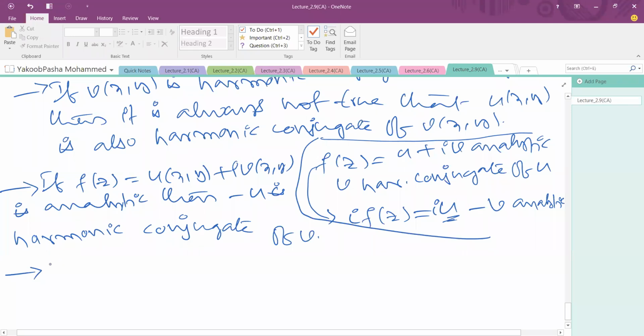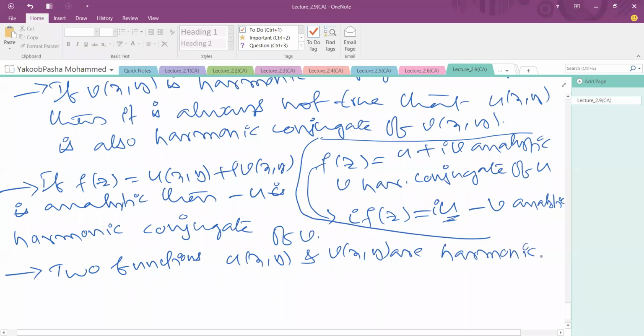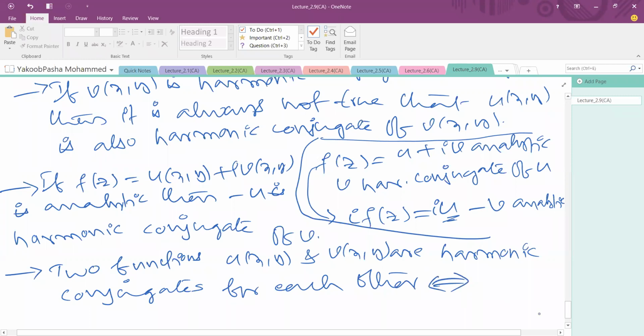That means if we take two functions, u of x comma y and v of x comma y, that are harmonic conjugates of each other, in this case the condition is necessary and sufficient.